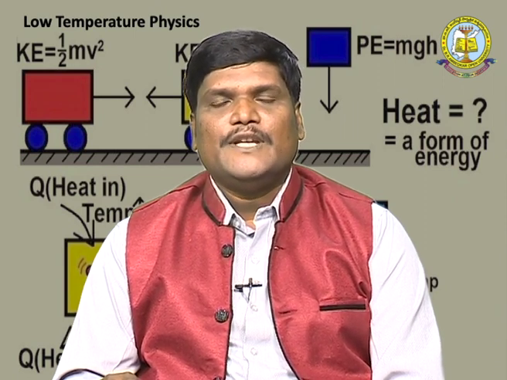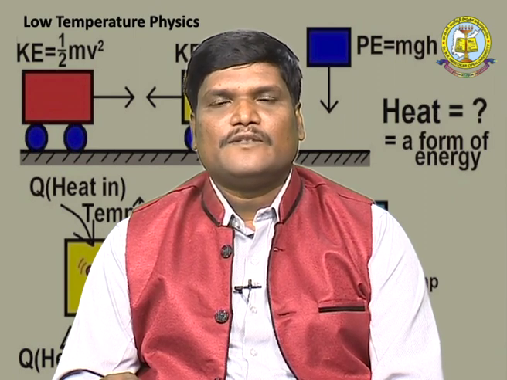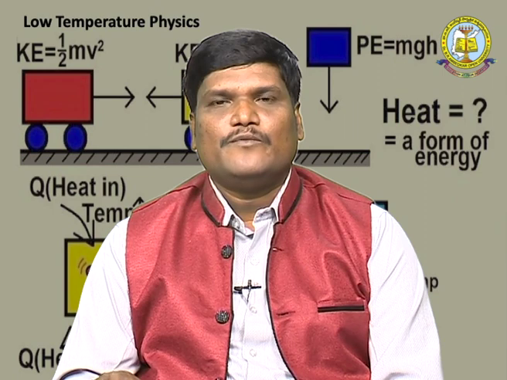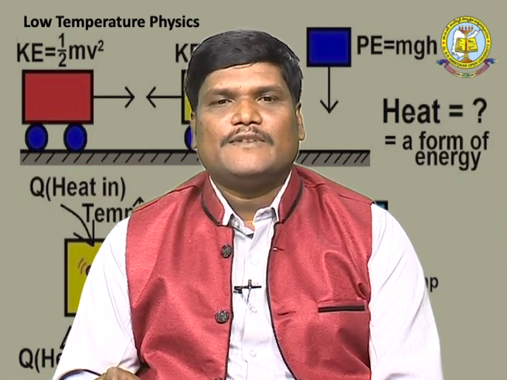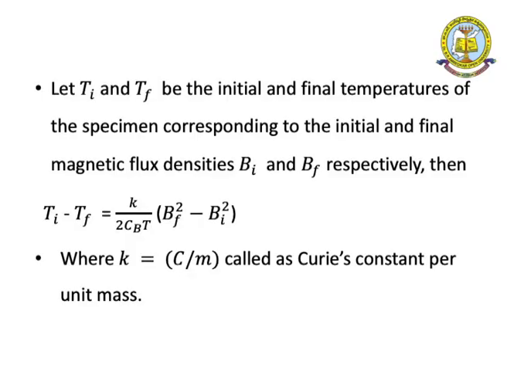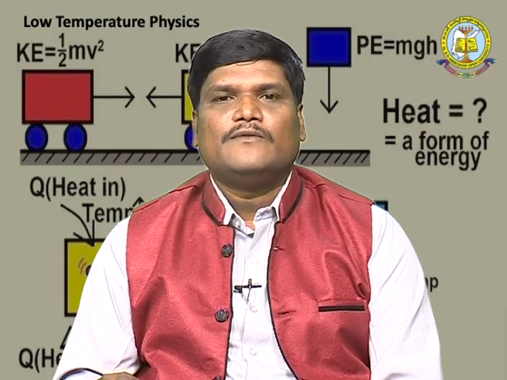In the previous class we discussed Maxwell's equations, and one of them is used here to derive this equation. Let Ti and Tf be the initial and final temperatures of the specimen corresponding to the initial and final magnetic flux densities Bi and Bf respectively. Then Ti minus Tf gives K by 2CbT into Bf square minus Bi square, where K is C by M, which is called Curie's constant per unit mass.